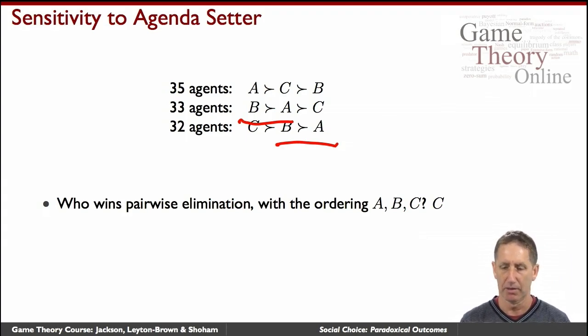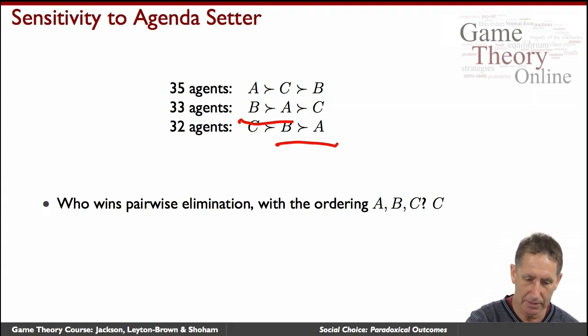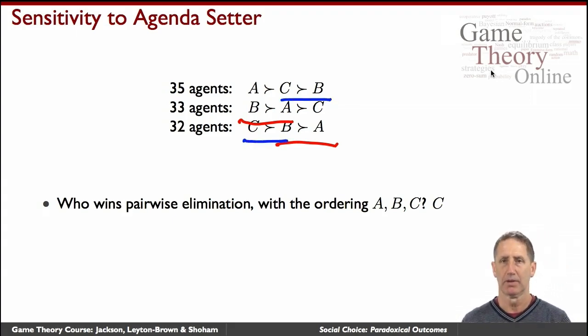And then when the winner, namely B, is compared to C, you'll see that C is preferred to B by the majority of the agents, and therefore C will be the winner of this election with this ordering.